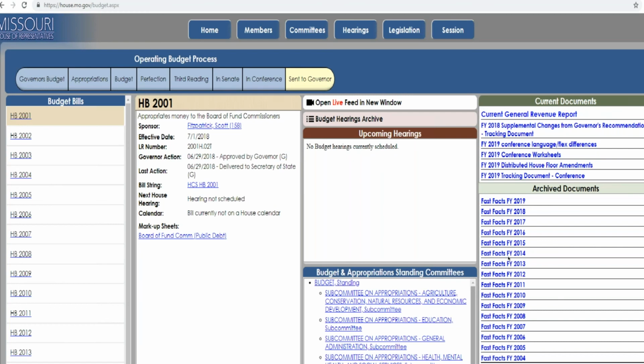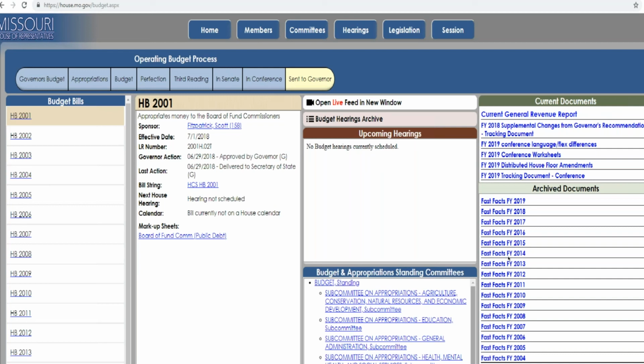This brings up all of the information you need to know and track the budget bills as they go through the legislative process. It's very, very transparent on the House side. This is a great resource, relatively new, handed to the budget chairman and his staff, the speaker, and everybody on the House side to make this as transparent a process as possible.